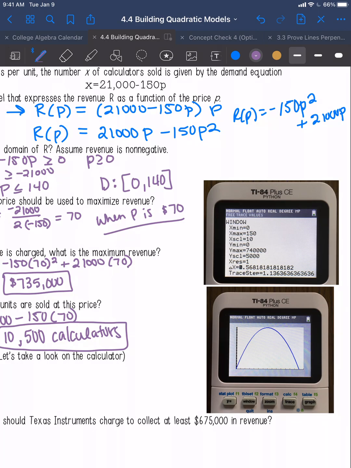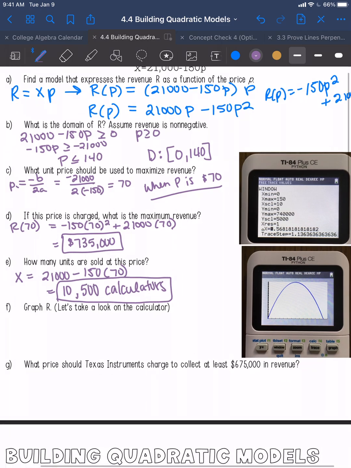I went by tens for my X scale. My Y min I made 0, my Y max I went up to 740,000. We know that our max was actually 735,000, but I wanted to be sure I could see the whole graph, and I made my Y scale 5,000. That can vary, just as long as you can see the whole graph on your screen, then you are just fine.